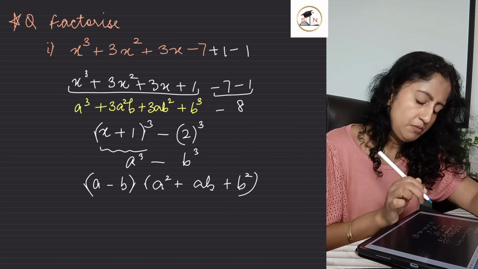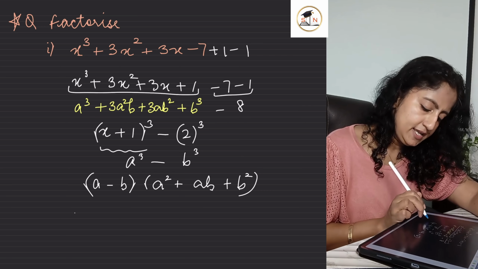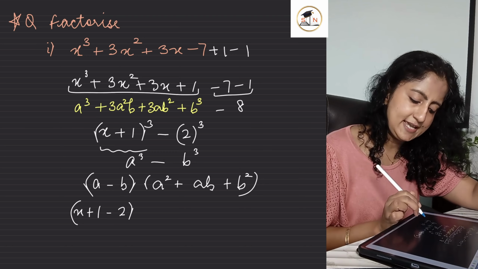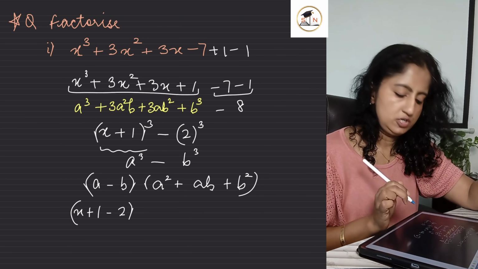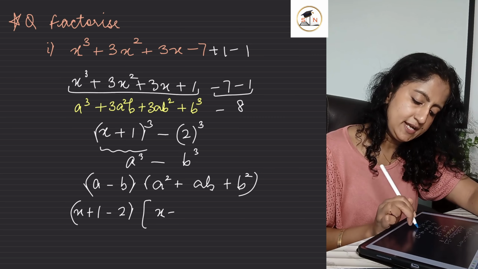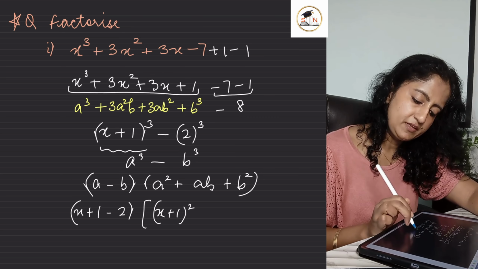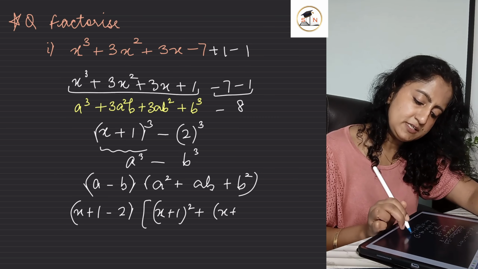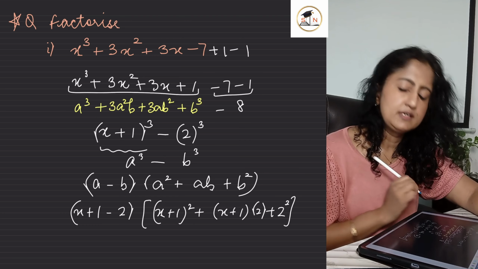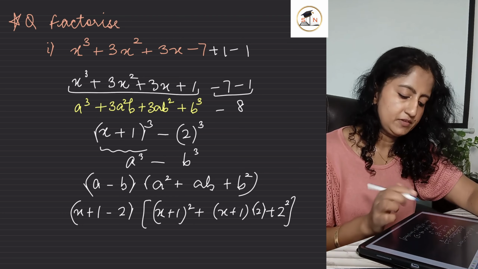Moving on with that, substituting it, x plus 1 minus 2, because a is x plus 1, b is 2. Now in the second bracket, we get x plus 1 whole square plus x plus 1 into 2 plus 2 square. This is my second bracket, right?